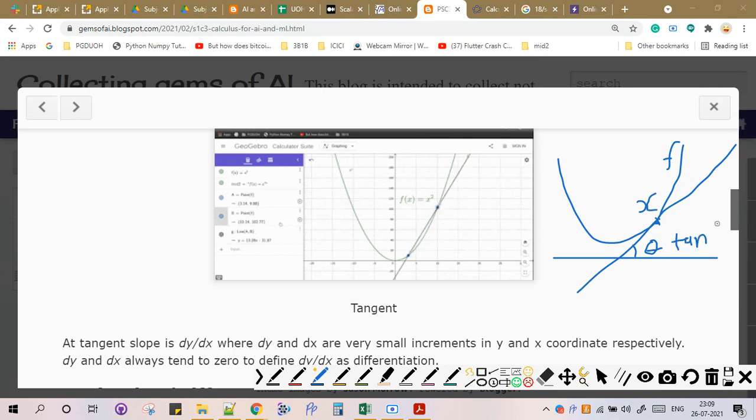It is nothing but your differentiation dy by dx. So dy by dx is nothing but tan theta.